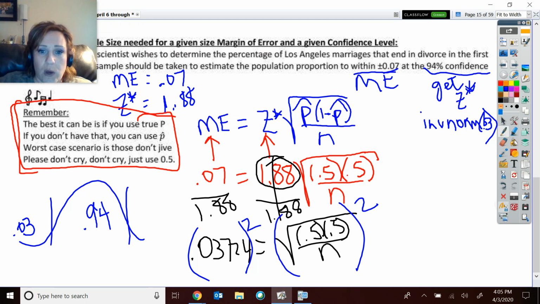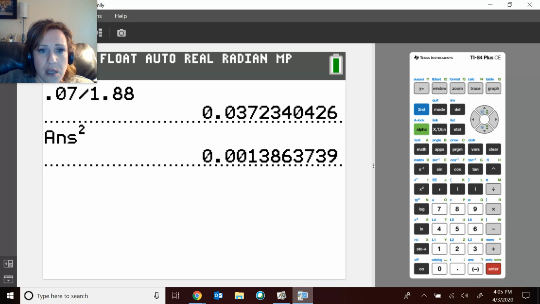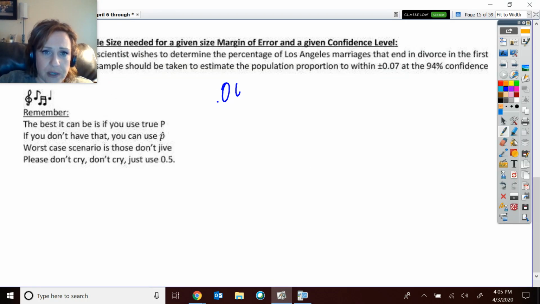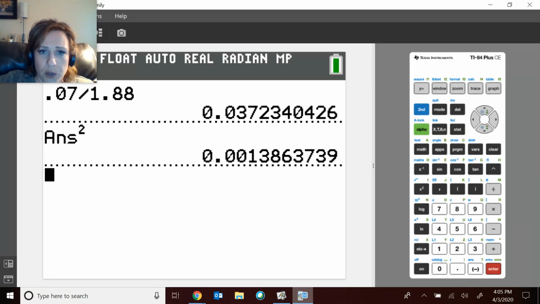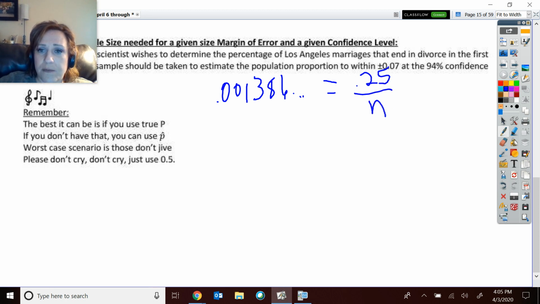And so what I am left with is that product, 0.001386, and so on, whatever that is, equaling this 0.5 times 0.5, which I know is 0.25 over n.